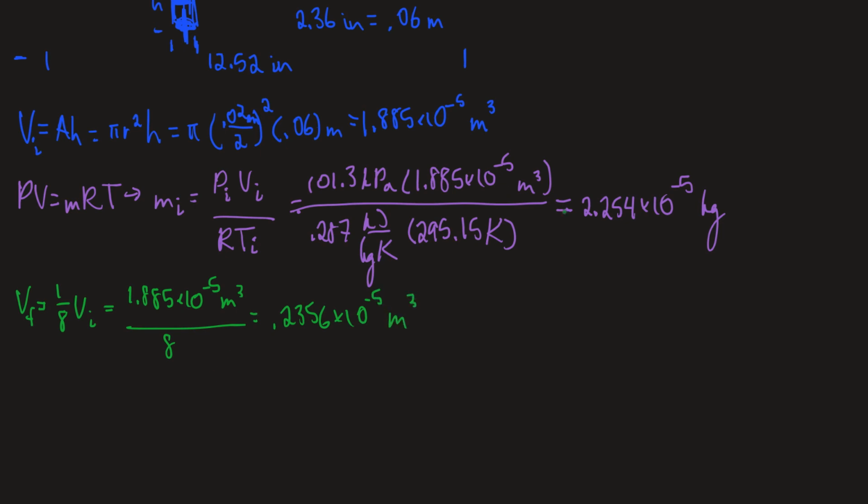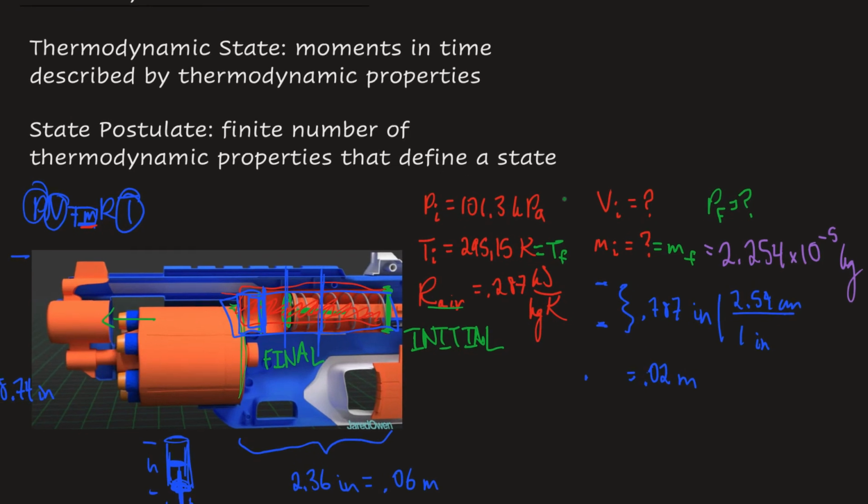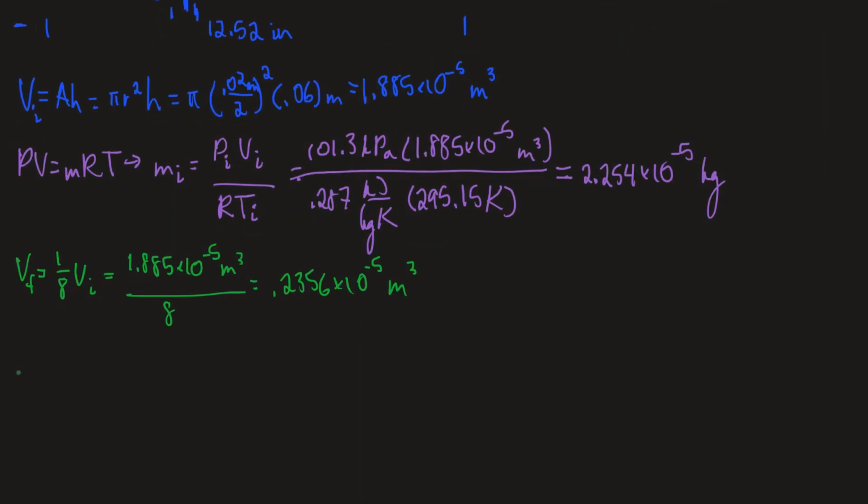So now that we know the final volume, we can calculate the final pressure. So the final pressure is going to be equal to the mass times the gas-specific constant of air times temperature over the final volume.